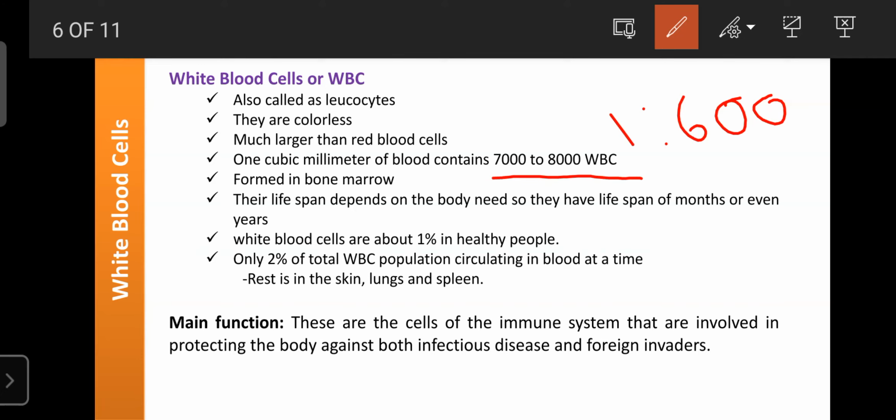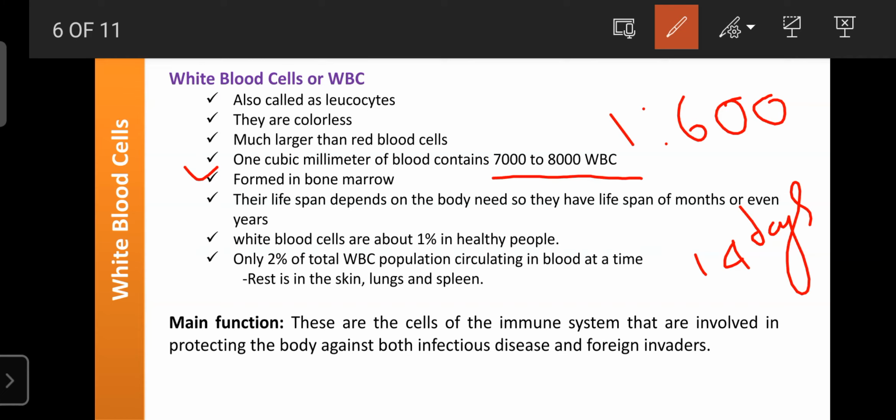And like RBC, the WBC is also formed in the bone marrow. The lifespan of WBC mainly depends upon the type of WBC, but on average it is 14 days. After 14 days, they are removed from the circulation.